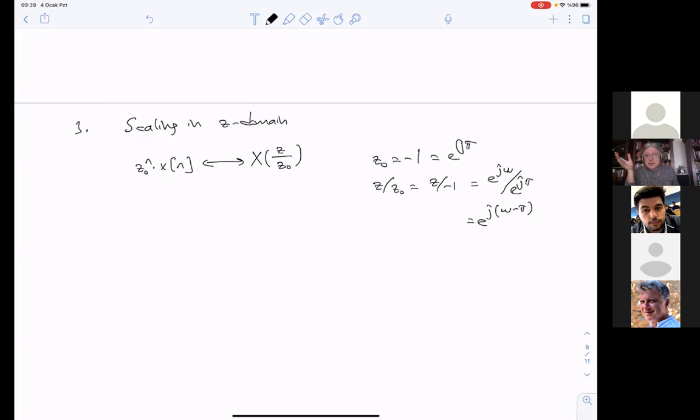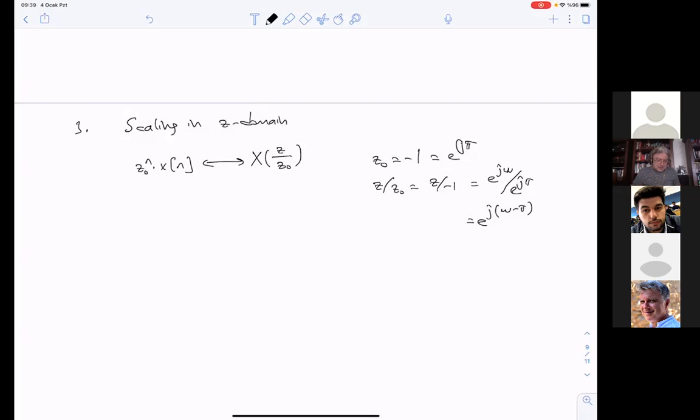Where z0 could be just complex. It may have real parts, it may have imaginary parts, it may be a complex exponential, then the magnitude is 1, but its magnitude may be different as well. It may be totally real, like 2 to the power n, okay? Then the right-hand side part, which is the z transform, will be capital X of z over 2.